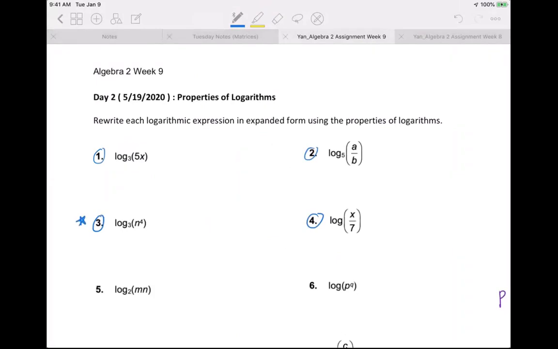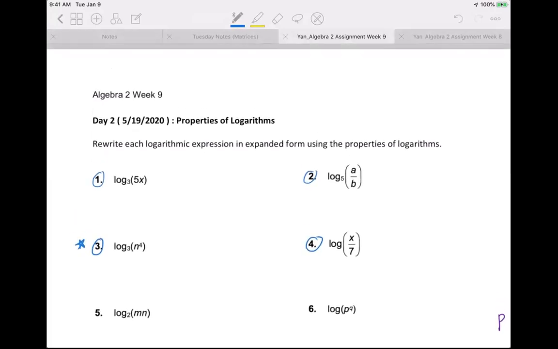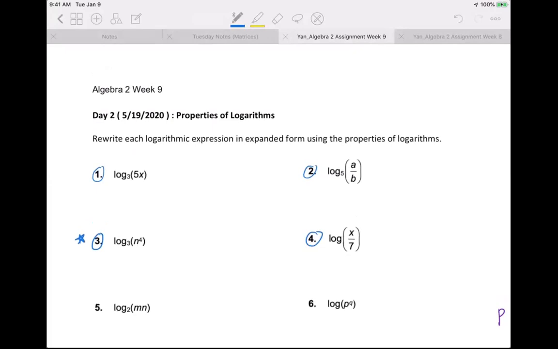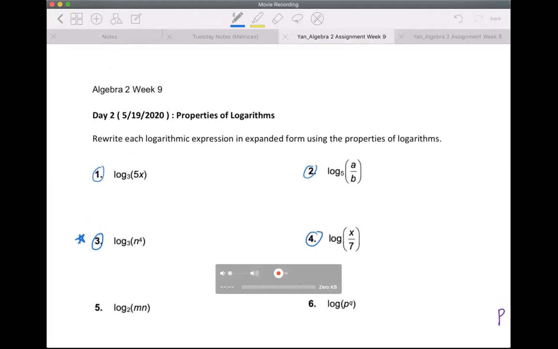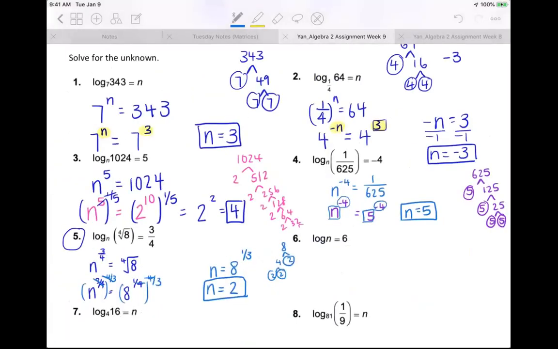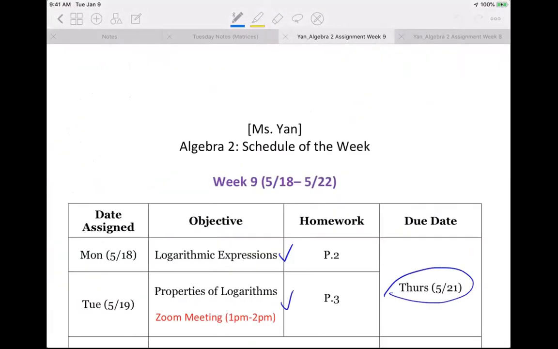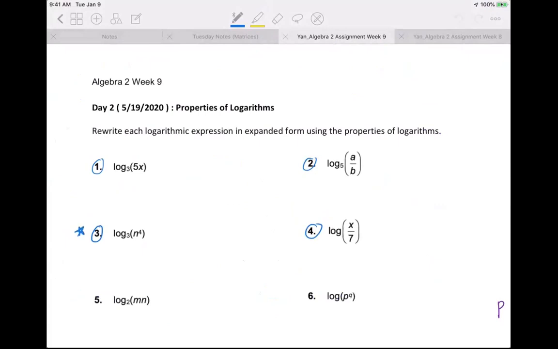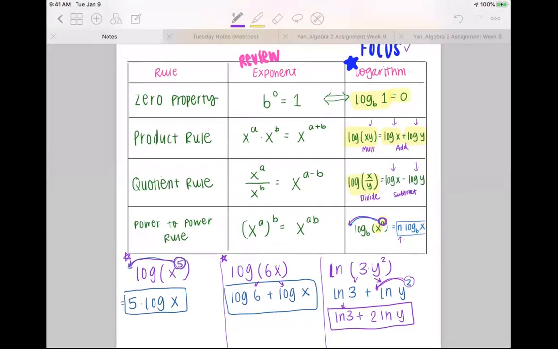Do you guys want me to, how should I post both at the same time? Give me a second. I'm going to go back to the notes and screenshot these rules.